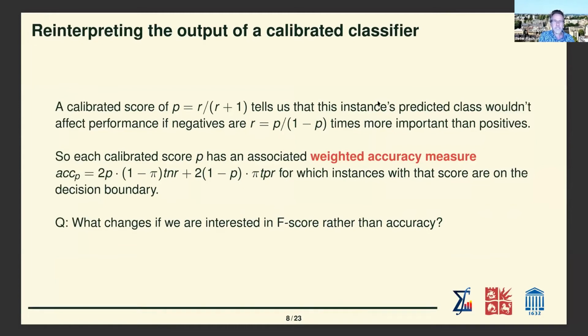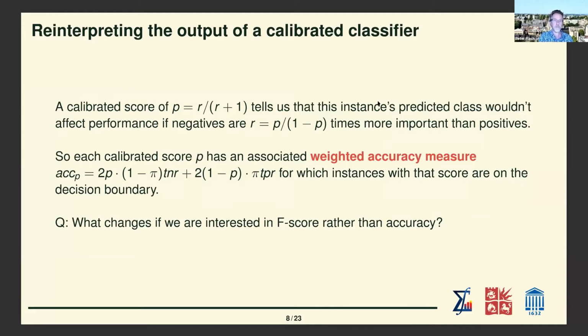Now let's talk a little bit more about reinterpreting the output of a calibrated classifier. As we know, with a calibrated score, in my mind, I always convert quite easily between probabilities and things like likelihood ratios and odds.